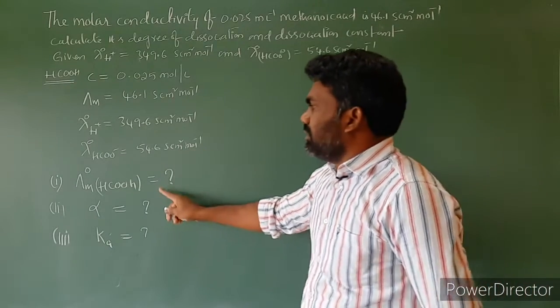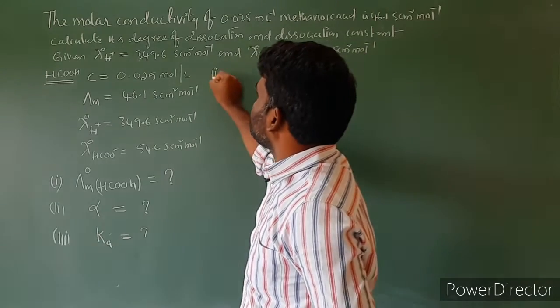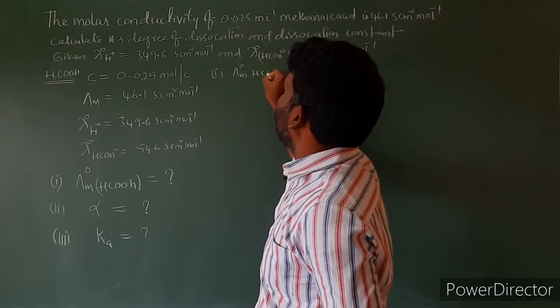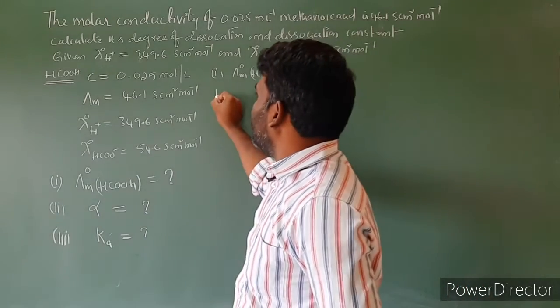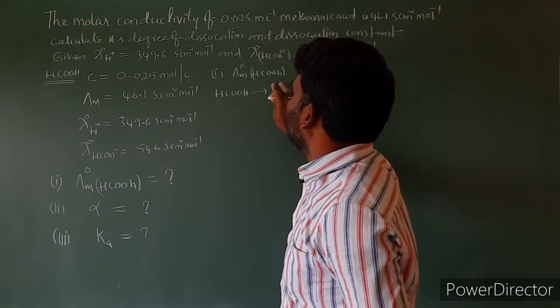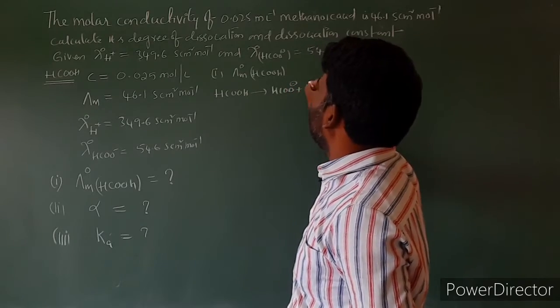First we will solve lambda m naught of HCOOH. First question. Lambda m naught of HCOOH we have to calculate. For this case, first we have to take methanoic acid. HCOOH dissociation gives rise to HCOO minus plus H plus.